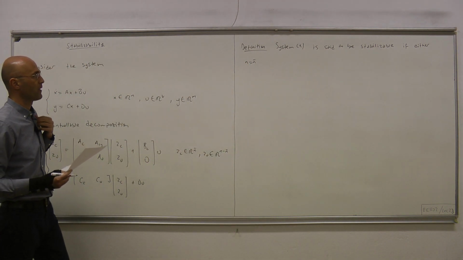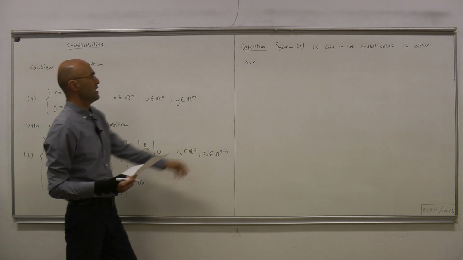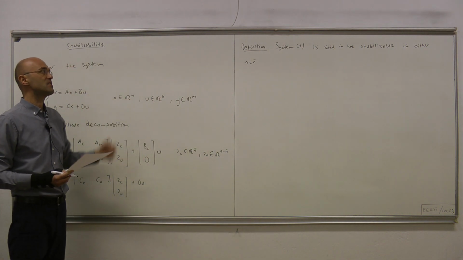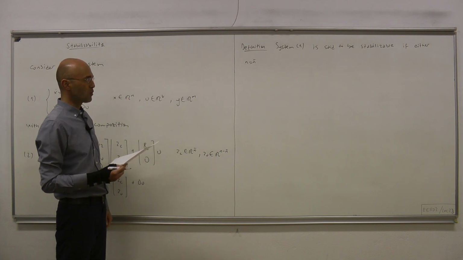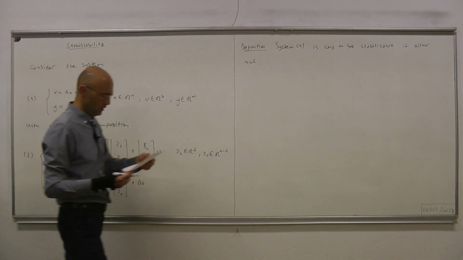Remember that n bar is the dimension of the controllable subspace. If it equals n, that means the controllable subspace is the entire space R^n, which means that the system is controllable. So system 1 is said to be stabilizable if either it's controllable.